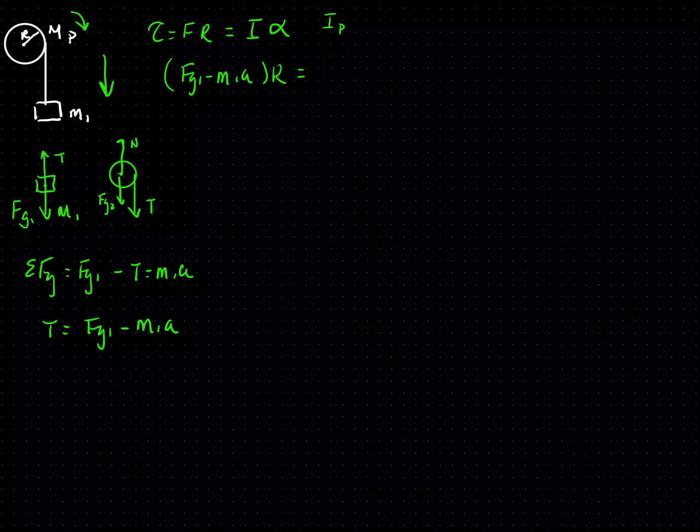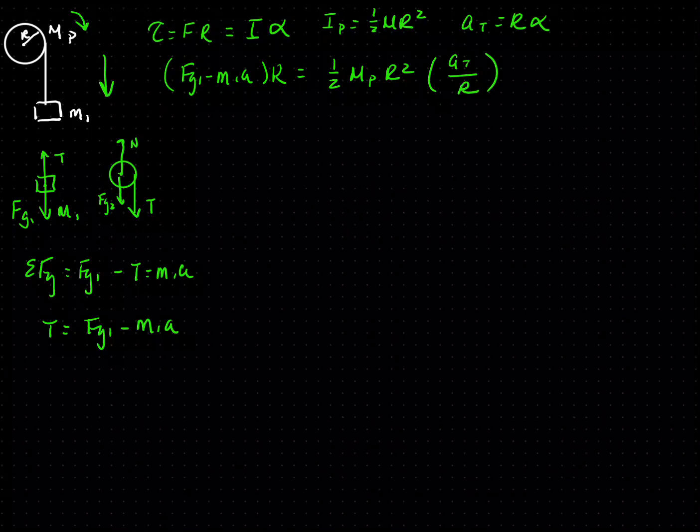Remember, I of a pulley is 1/2 mr squared. And alpha was the tangential acceleration divided by the radius, a over r. So if I plug this in, this becomes 1/2 mass of the pulley r squared. I'm going to substitute in for alpha, which is the tangential acceleration over r.